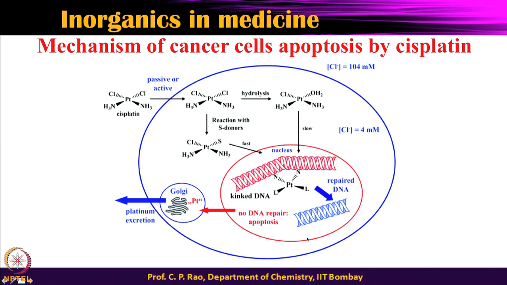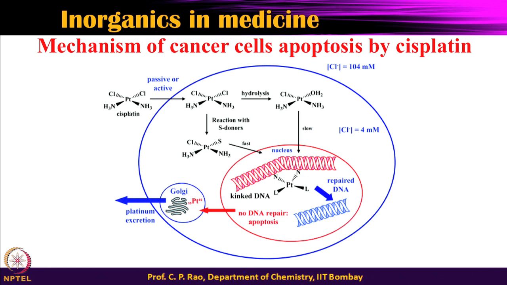So, if they are bound intra-type, then this will be taken by Golgi and the platinum is extruded. Repair enzymes cannot act on cisplatin, but repair enzymes can act on Trans-Platin. As I said earlier, it is this kind of thing which is basically making a difference.